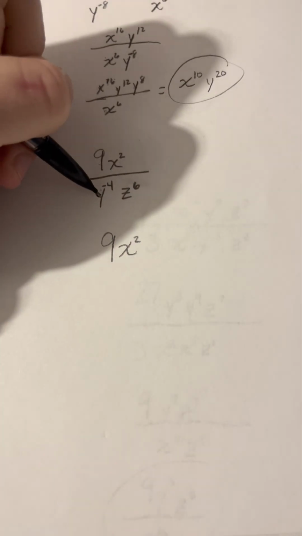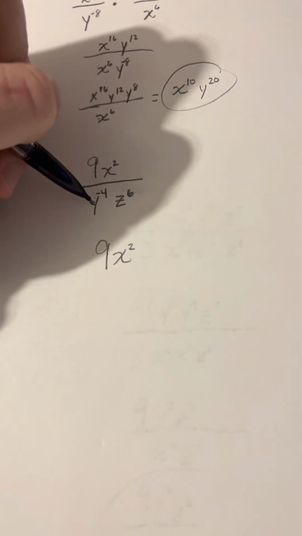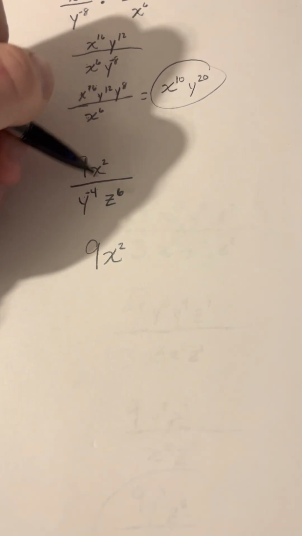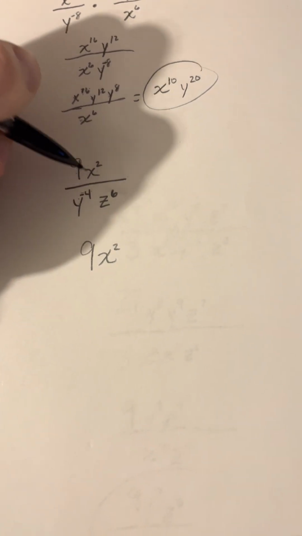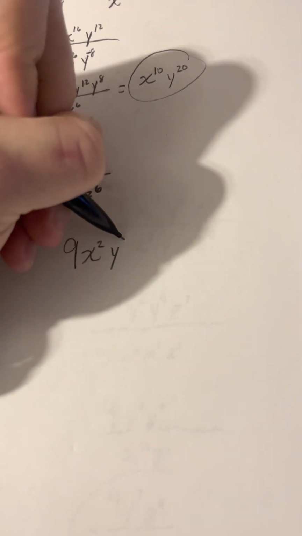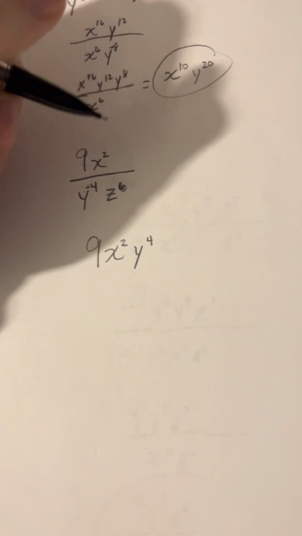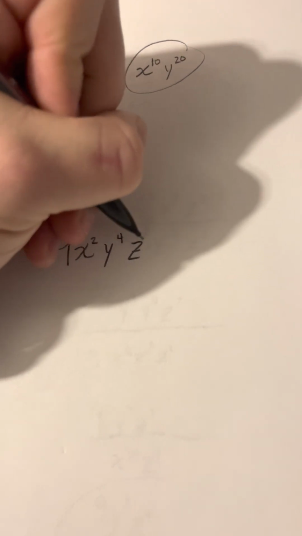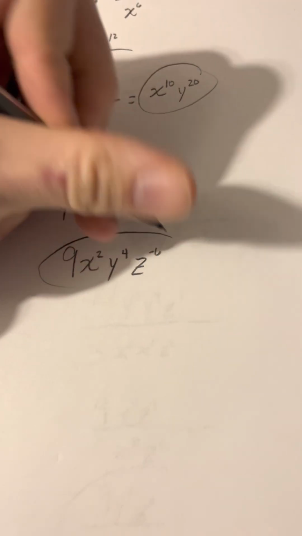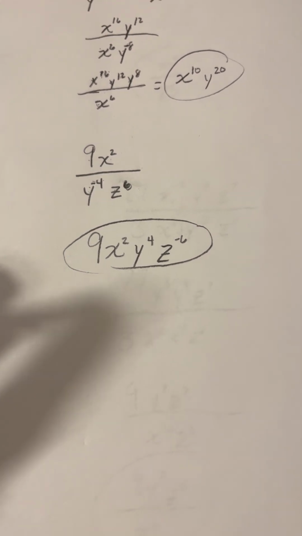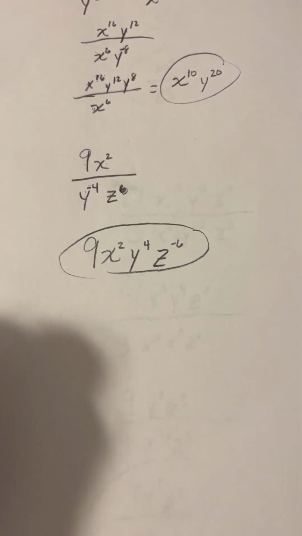But now we need to move this y to the negative fourth to the top, because we want to get rid of the fraction. So y to the negative fourth, if we move it up, it's going to switch the negative 4 to positive 4. So y to the positive 4. And then same thing with the z. But now if the z goes to the top, instead of it being 6, it switches to negative 6. So then we have z to the negative 6 on top. So your answer would be 9x squared y to the fourth z to the negative 6.